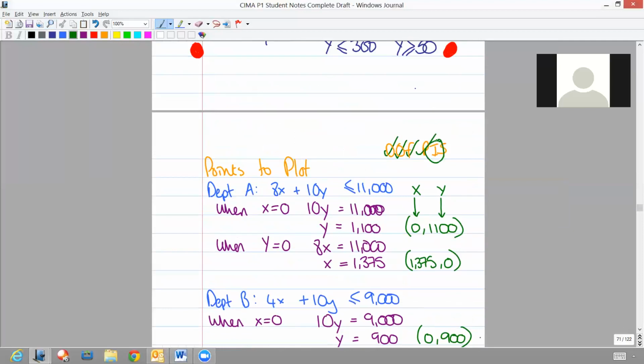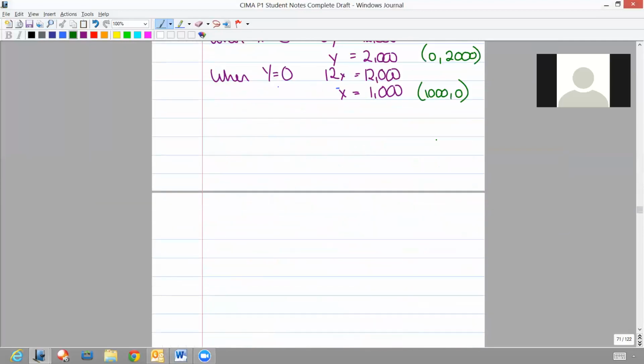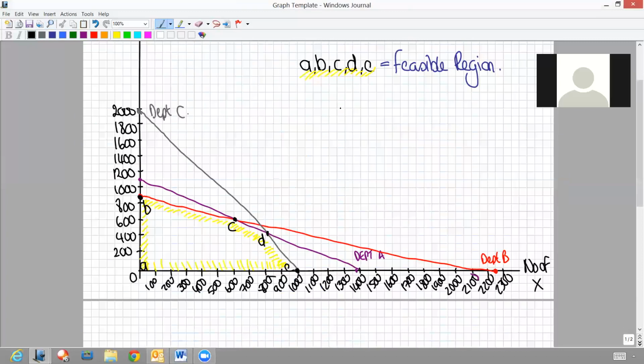The next thing is I, and I is your ISO contribution line. Now your ISO contribution line is basically another line that we're going to put on our graph, and it will show us what the answer is.